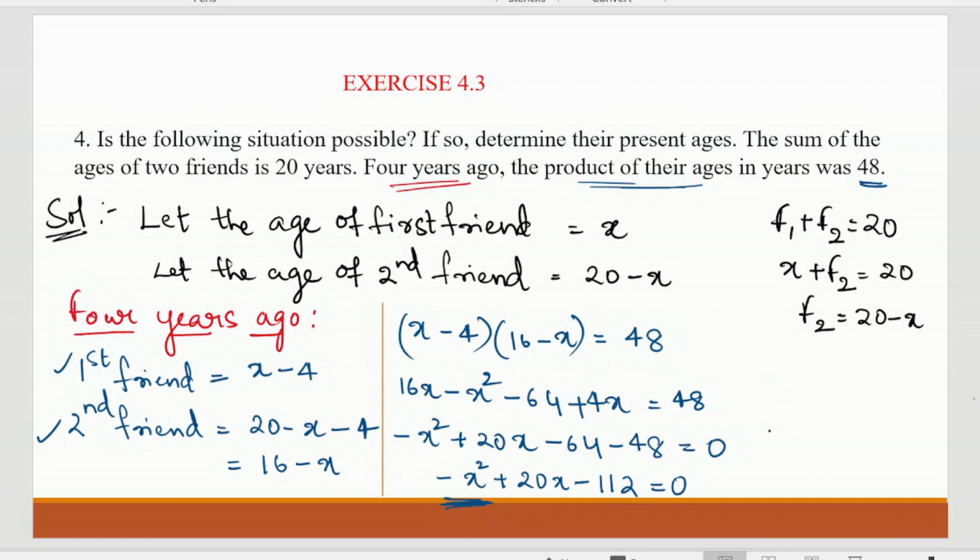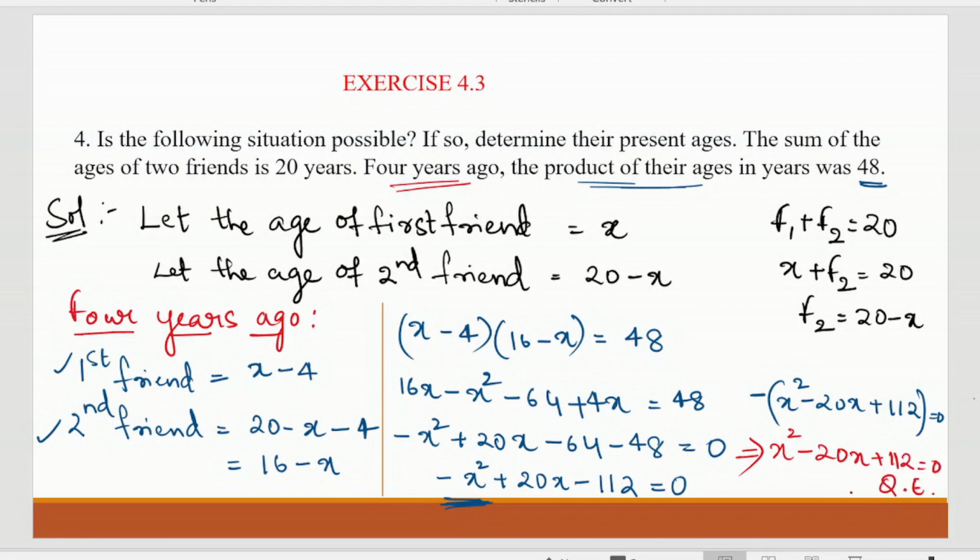So we need to make it positive. So we will take minus common. You will get X square minus 20X, see here, minus into minus is plus 112, equals 0. Now the required quadratic equation that we have got is X square minus 20X plus 112 equals 0.